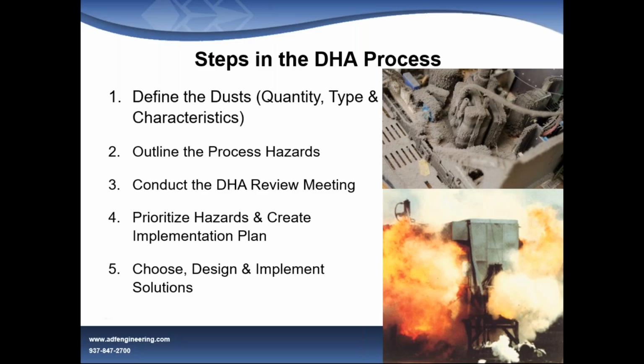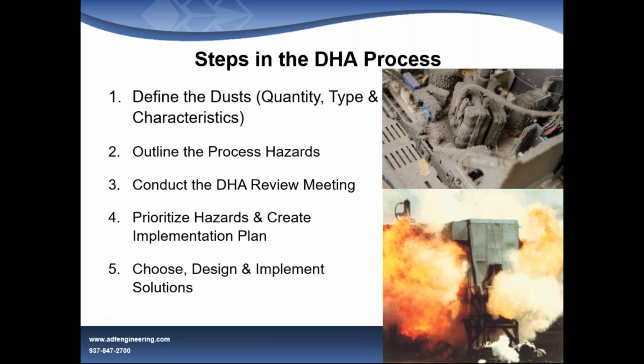So the first step in defining your DHA is to define your dust. You need to understand what dust you have, what type of dust they are, how much of those dusts you handle, how much are your personnel exposed to, are there dust clouds produced during your production process at any point. You need to outline your hazards, conduct a DHA review meeting.